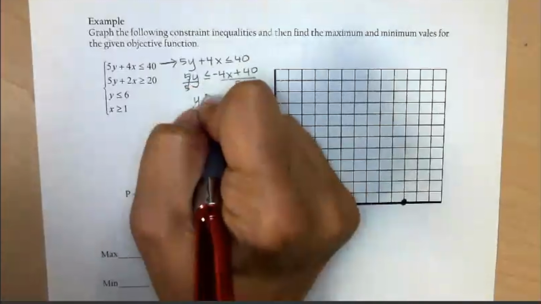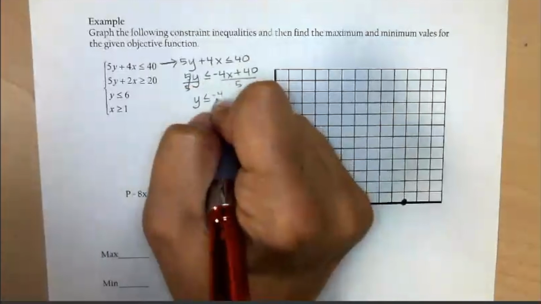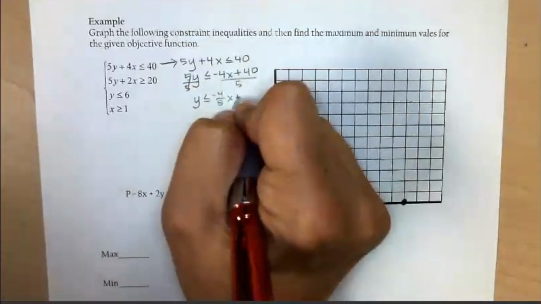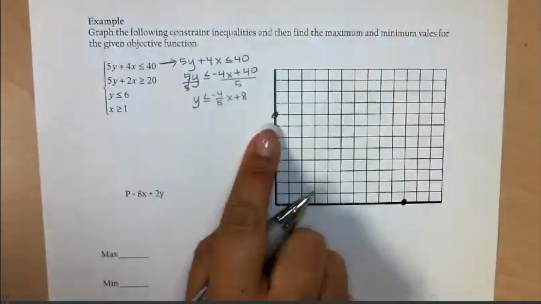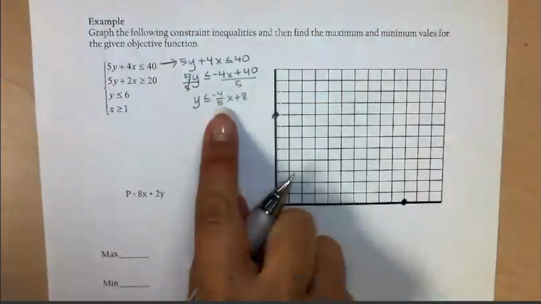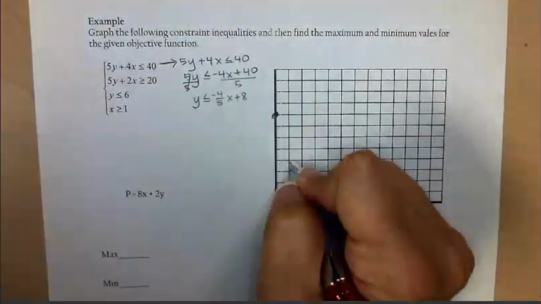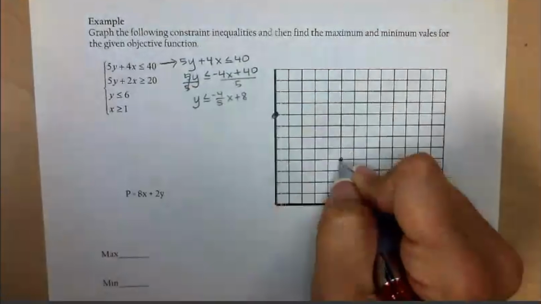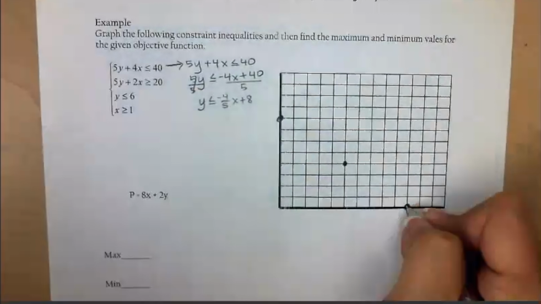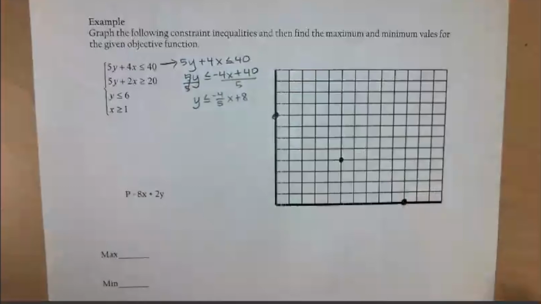Y is less than or equal to negative 4/5 x plus 8. There's our y-intercept of 8, which we already knew. Then we go down 4 and to the right 5, and down 4 and to the right 5, and you'll land right on top of that x-intercept.